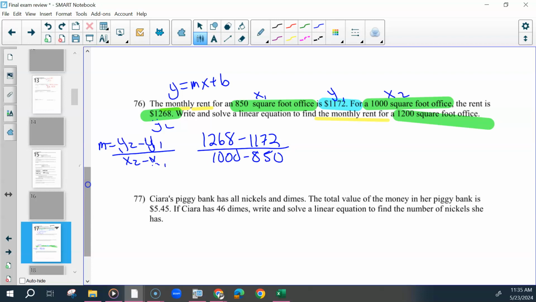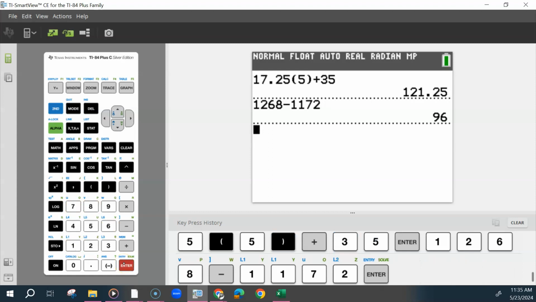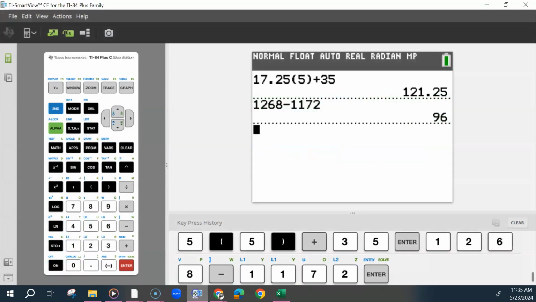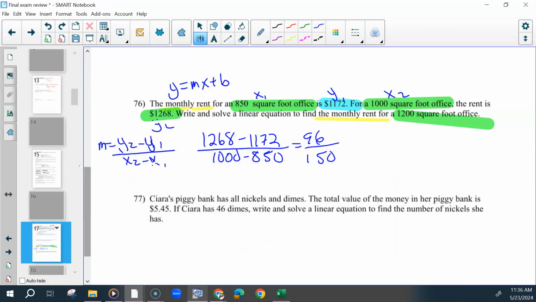So I would take each of my x1, x2, y1, y2, put those into my formula, and then find my slope. So this is the cost per square footage.